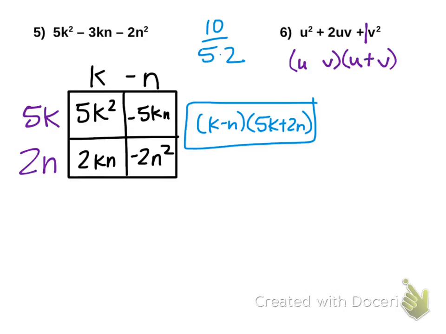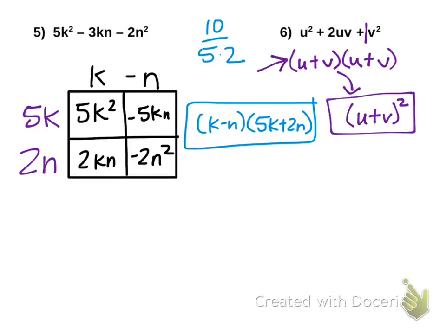Both of them are going to be pluses. So technically, you could write this as u plus v squared. On this one, either one of those is okay. I would accept either one. Technically, this is more correct, but you could write this one as well.